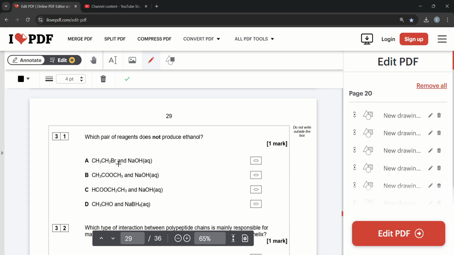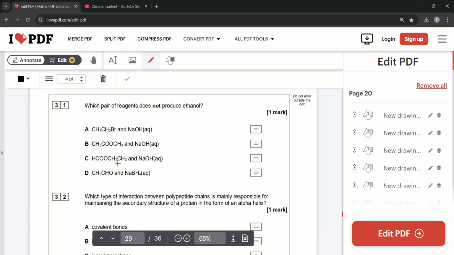Which pair of reagents does not produce ethanol? Well, that will be methane, ethane. Just swap it. In this case, methane, ethane. That will. Well, let's draw ethanol. Methane, ethane.